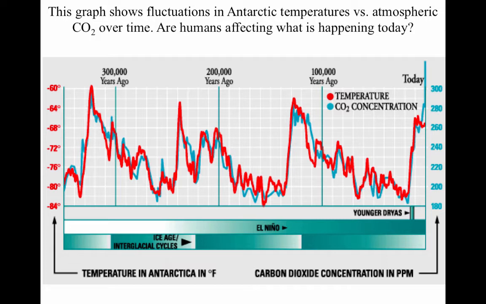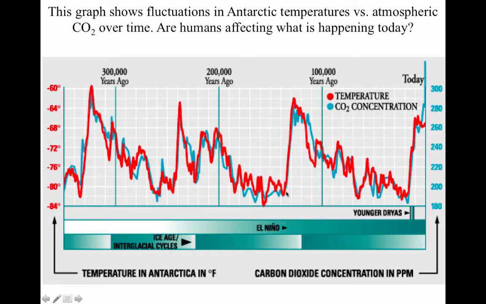But during cold periods, when the Earth is colder, the oxygen 16 is going to evaporate at a faster rate than oxygen 18. And during a warmer period, the oxygen 16 and 18 ratio is going to be a little bit closer to equal. So that's how they determine the temperature. And the carbon dioxide concentration is taken from the little bubbles that are trapped in the ice cores. They can sample them and directly tell the CO2 concentration.